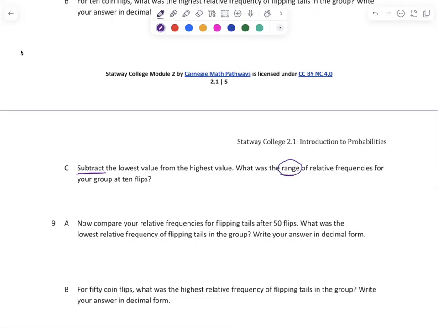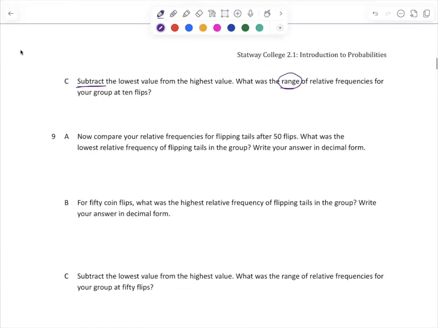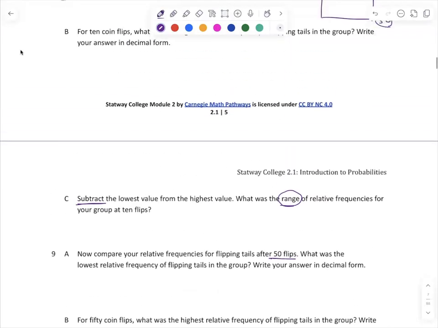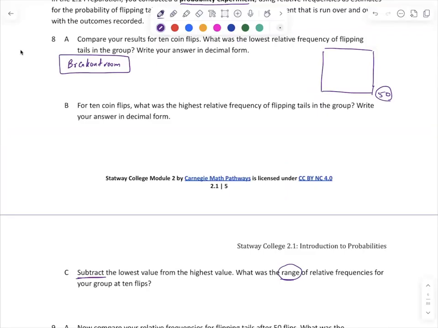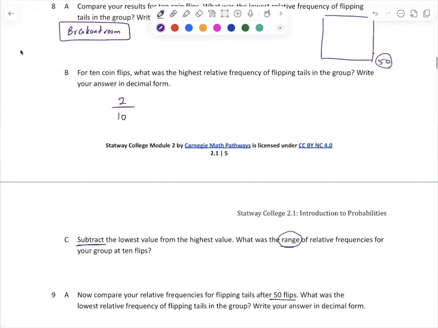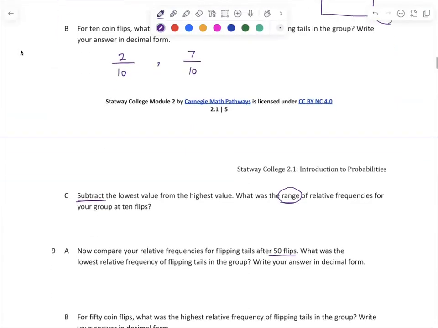You can compare your relative frequency for 50 flips as well. You're going to do a subtraction as well, subtracting the lowest value from the highest value. For example, if the lowest relative frequency in 10 flips was 2 out of 10 and the highest one was 7 out of 10, you're going to do a subtraction like this.